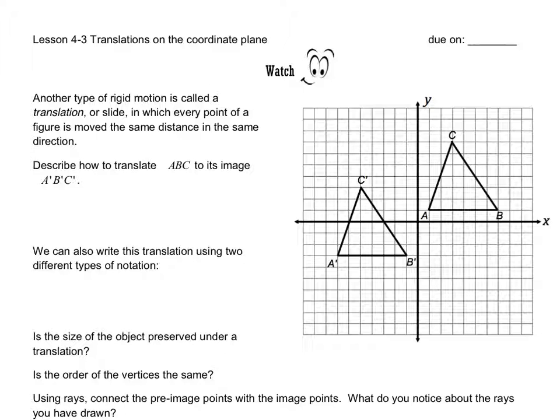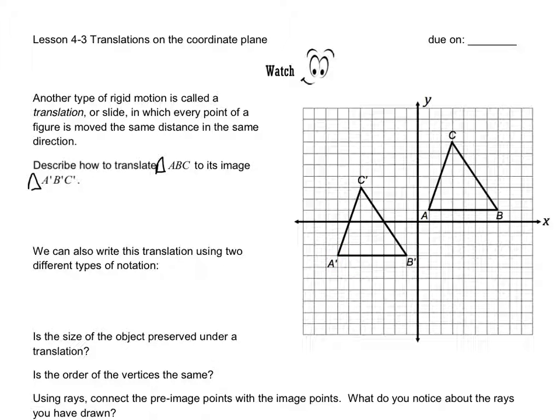So if you just look over at the graph that's already graphed for you, to describe how to translate triangle ABC to its image, triangle A prime, B prime, C prime, we're going to look at each point of this figure. So A, we notice it's going to the left, 1, 2, 3, 4, 5, 6, 7, 8, and down 4.